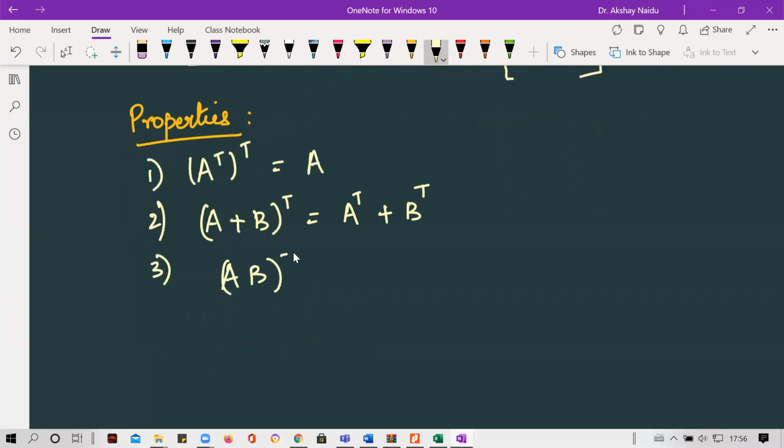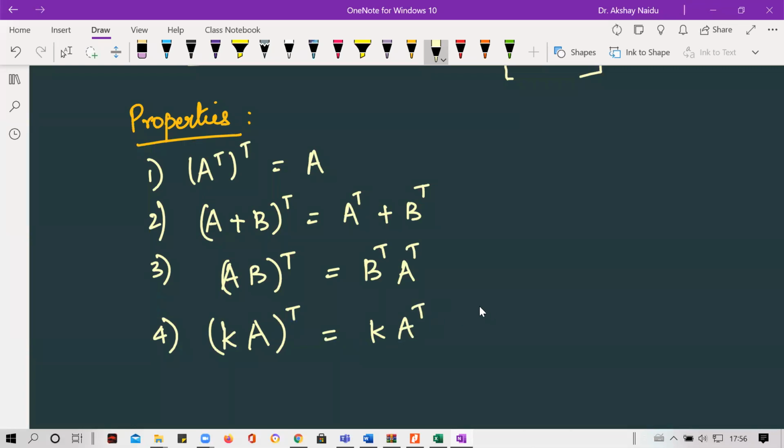AB the whole transpose is equal to B transpose A transpose. And suppose we multiply with a scalar, K is a scalar. Then it is K times A transpose. All right.